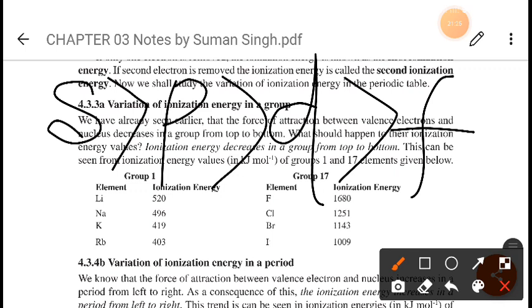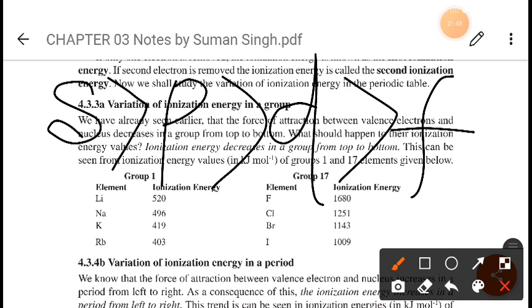This means that an s electron can penetrate better than a p electron, which in turn penetrates better than a d electron, and f possesses the least tendency to penetrate. I hope you have understood this. Now, when the penetration power of the electron is more, at that time what will happen?